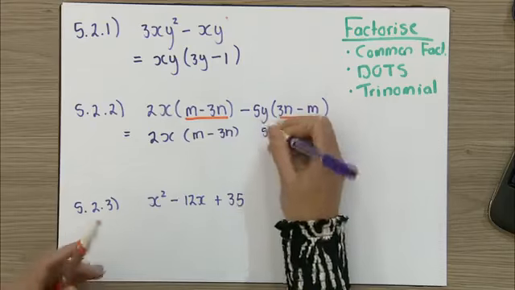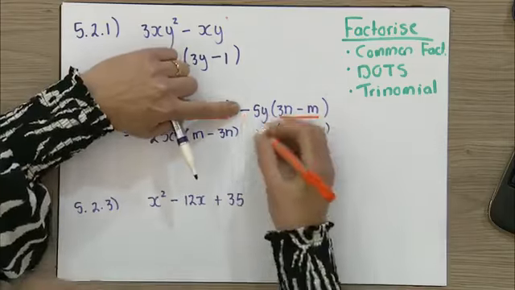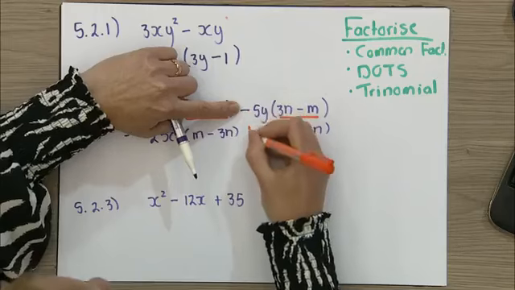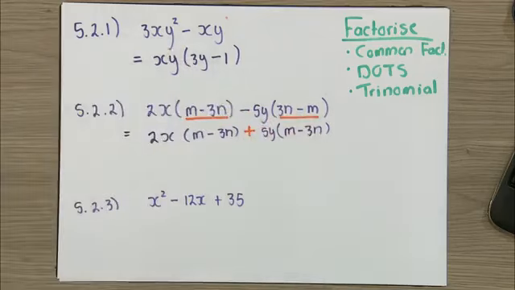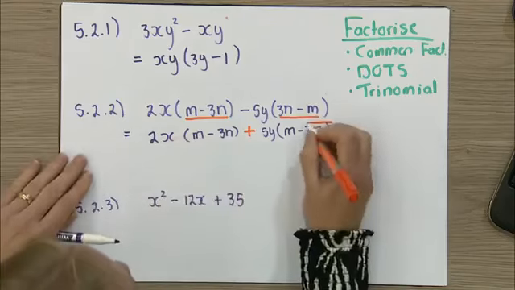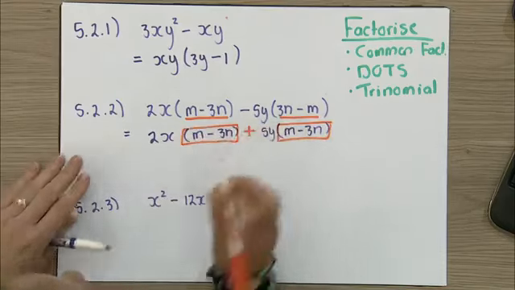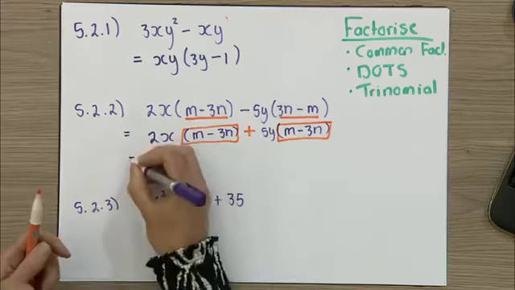So how do I do the sign change rule? I change the sign in front of that term, so that becomes a positive. Now, if I look at this, the bracket m minus 3n is the thing they share. It is my common factor.